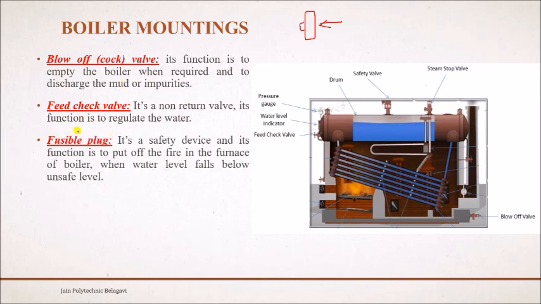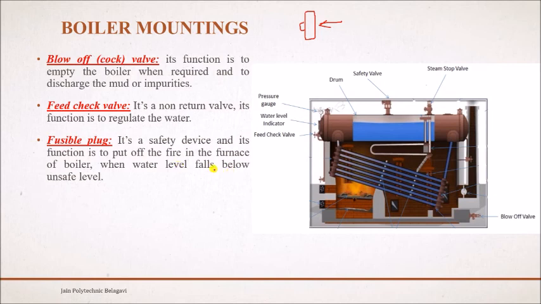So next, what is this fusible plug? It is a safety device, and its function is to put off the fire in the furnace of the boiler when the water level falls below the unsafe level. For example, if you didn't monitor the water level and it drops very far below the required level, then all the water is totally converted into steam, and the pressure goes on increasing.